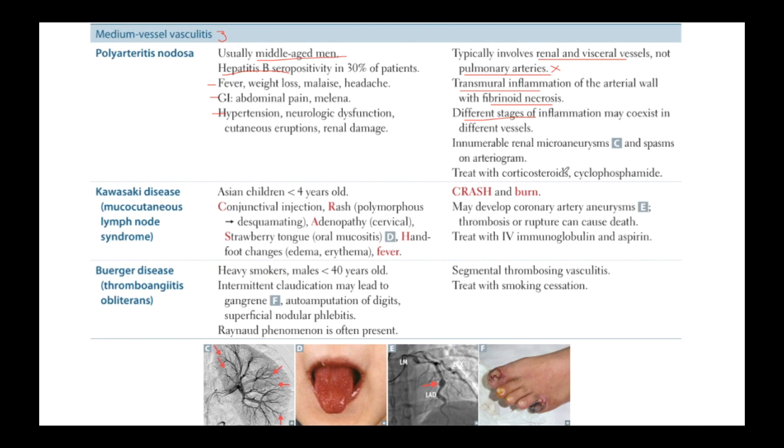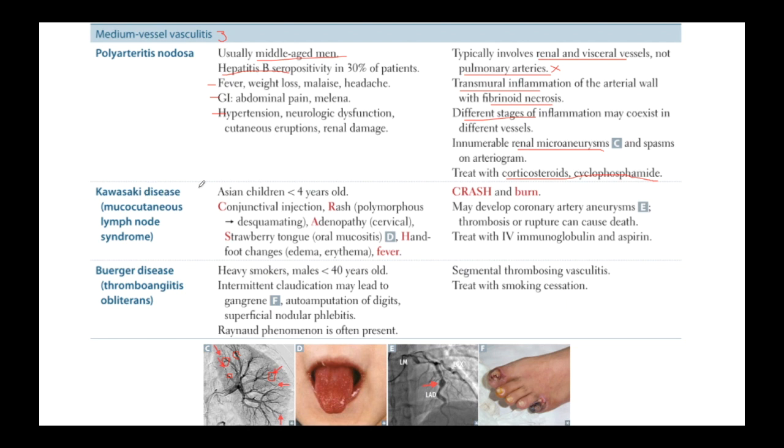On arteriogram, you can see renal microaneurysms. It's a little hard to see here, but little microaneurysms going on, and spasms as well. And again, you want to treat with corticosteroids and cyclophosphamide.